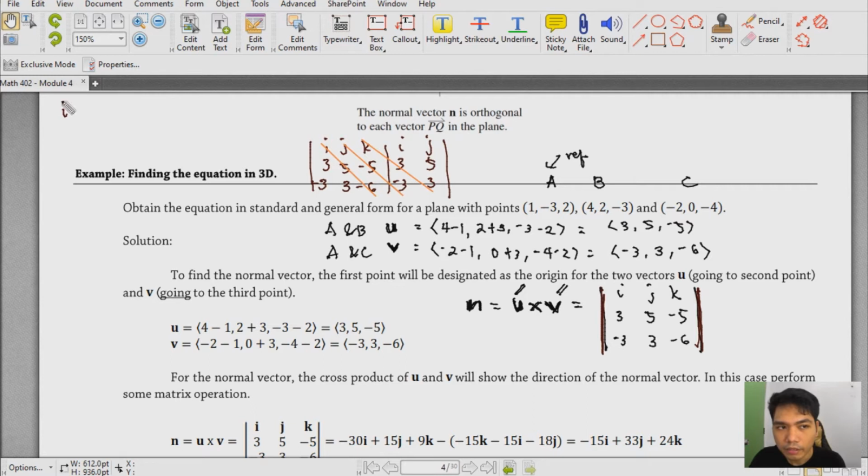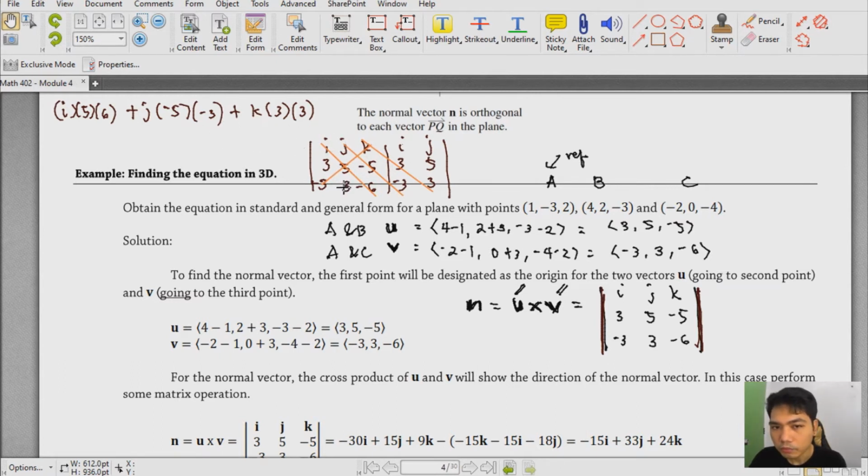So we have i times 5 times 6, plus j times negative 5 times negative 3, plus k times 3 times 3. Okay, and then you're done with those since there are only three diagonals. All of the diagonals going up from the lower left to the upper right are minus, or subtracted from the original.